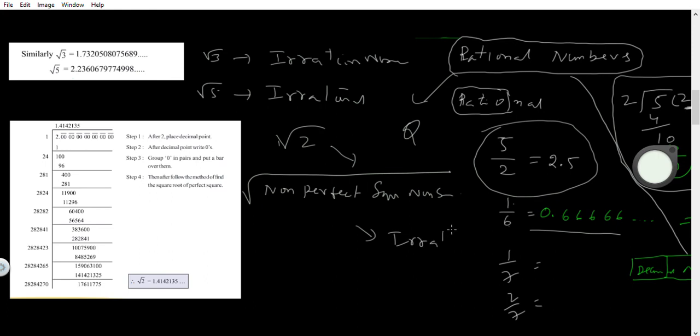We call it like this. And also we have some other numbers. Pi is an irrational number, and e is also an irrational number. We can study it in the higher classes. These are very, very important concepts to understand what is rational and irrational. We'll do some problems on irrational numbers.